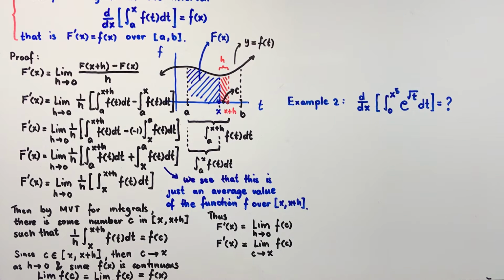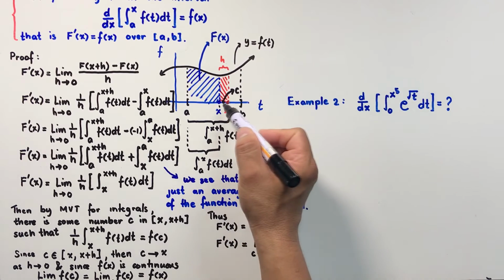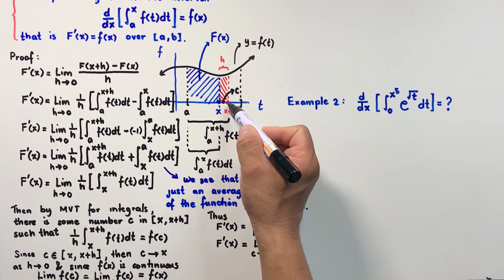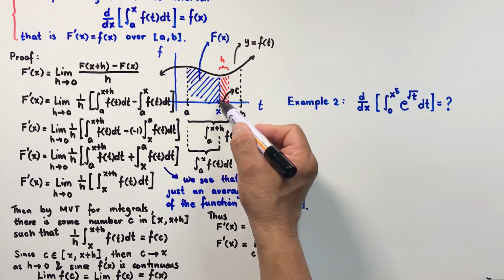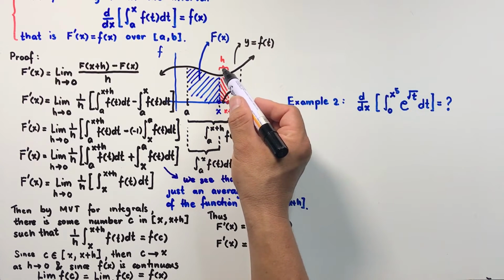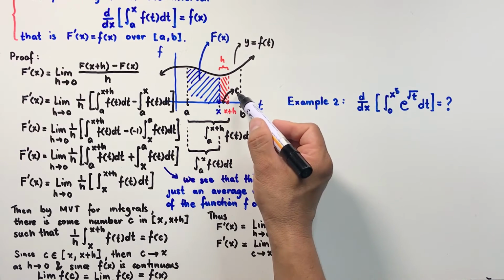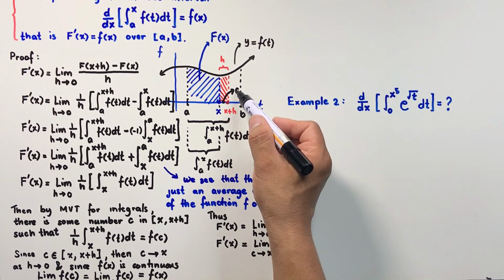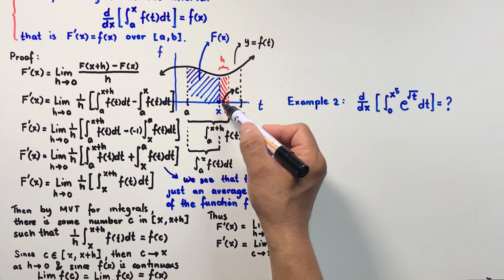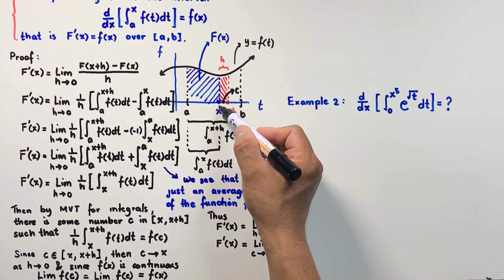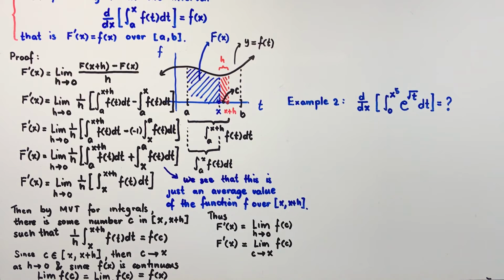That is the notion about the squeeze theorem. So this c, which is in between x and x plus h, when this increment of h becomes smaller and smaller, there is no way that c will go any further, but it moves closer to x. So therefore, our derivative of big F of x is equal to the small f of x.